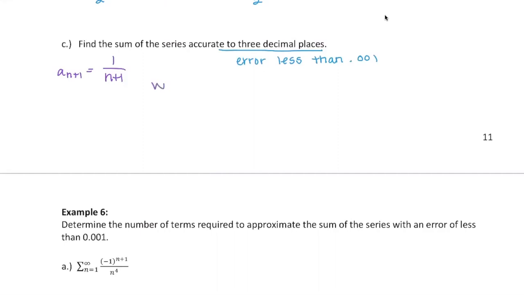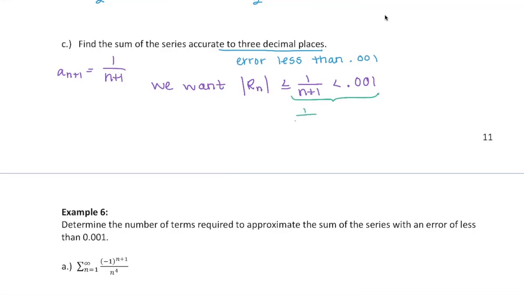What we want, we know that the absolute value of our remainder has to be less than or equal to 1 over N plus 1. And we want that to be less than 0.001. So really, all we have to concern ourselves with then is this right here. We need an N that makes this inequality true.